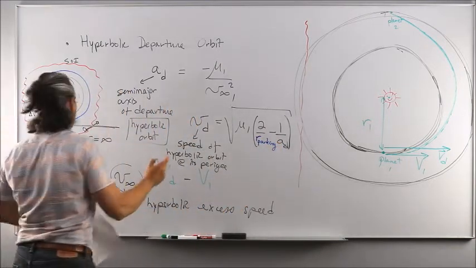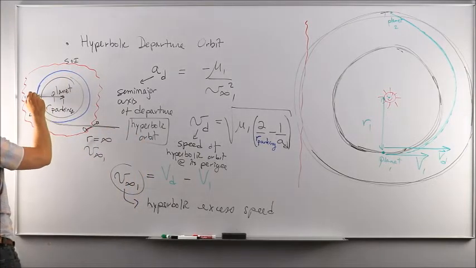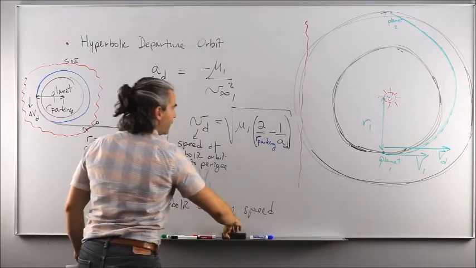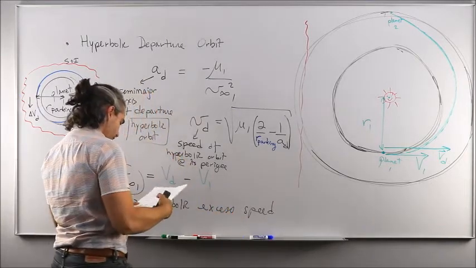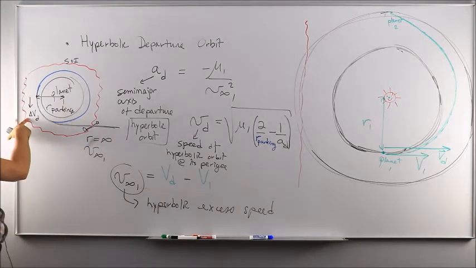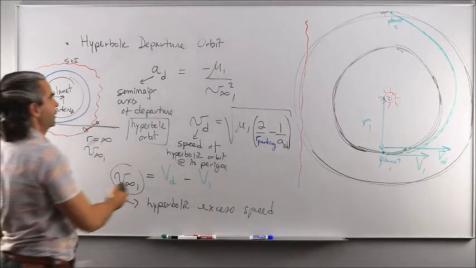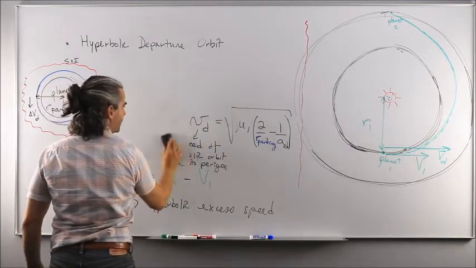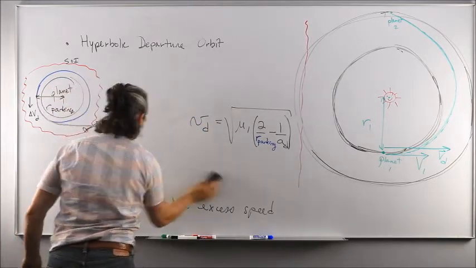So now you have determined the speed at that point along the big hyperbolic orbit. Now, if you want to know the actual delta V maneuver in terms of its size, you need to also figure out the speed along the parking orbit, and that is quite simple.